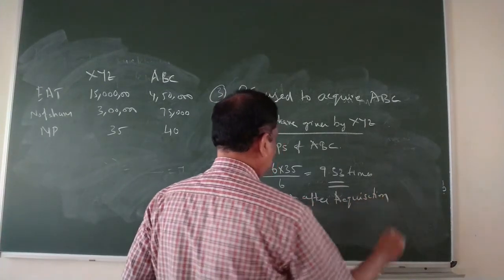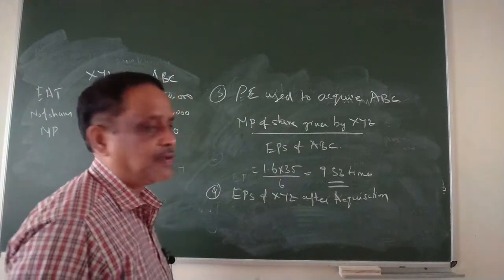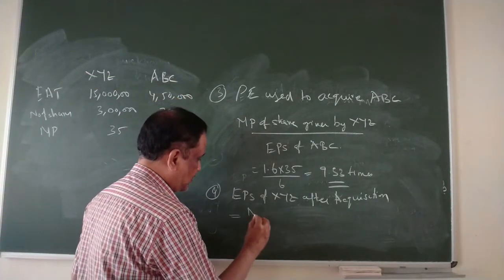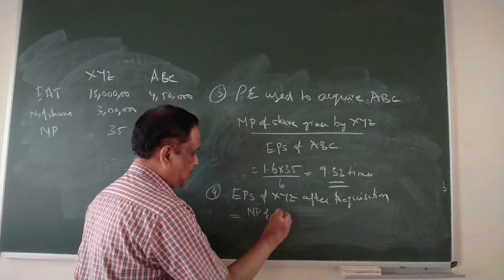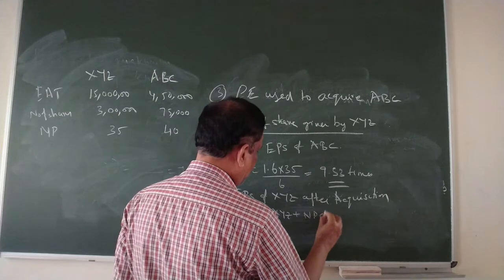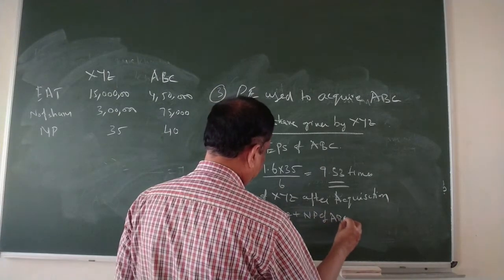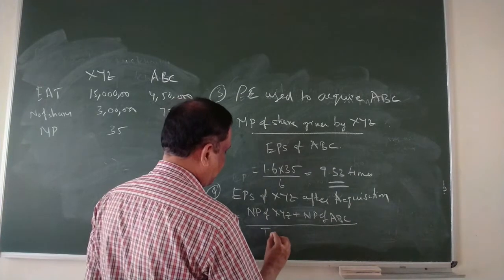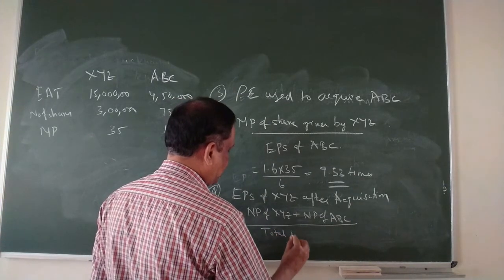We know the formula is net profit divided by number of shares. So net profit of XYZ plus net profit of ABC divided by total number of shares.